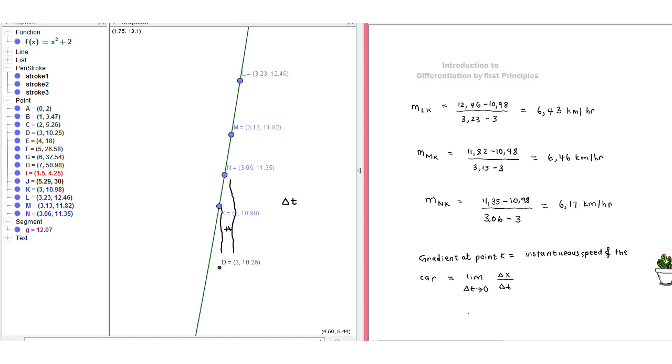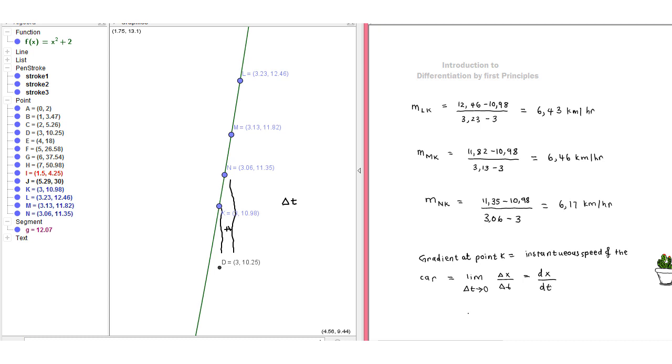And you can see that this was always kilometers per hour. So essentially, when delta t gets very, very small, it just tends to dx by dt.